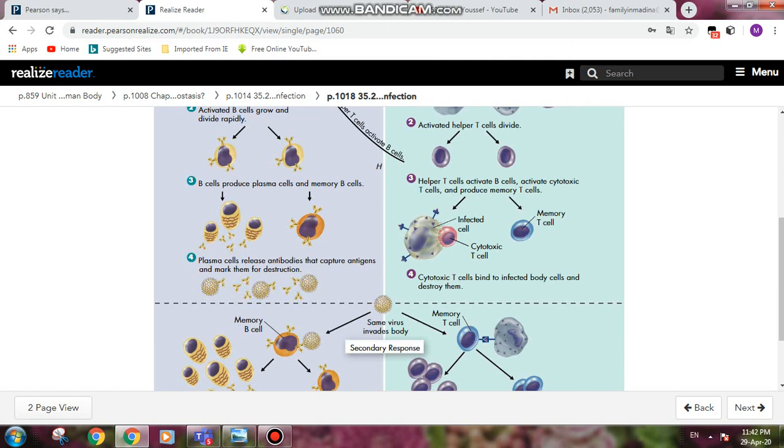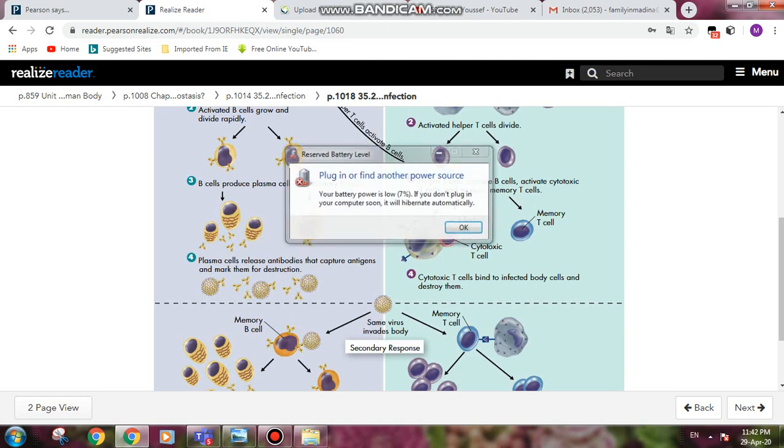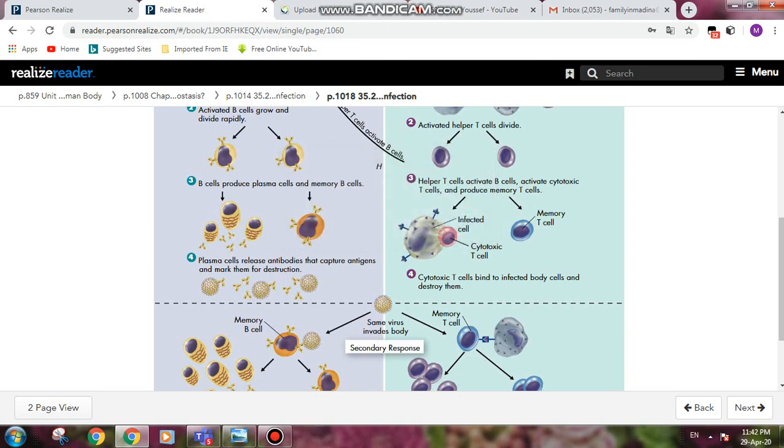Plasma cells release more and more antibodies that capture antigens and mark them for destruction. They capture them and tag the antigens for other cells of the immunity to come and destroy them.